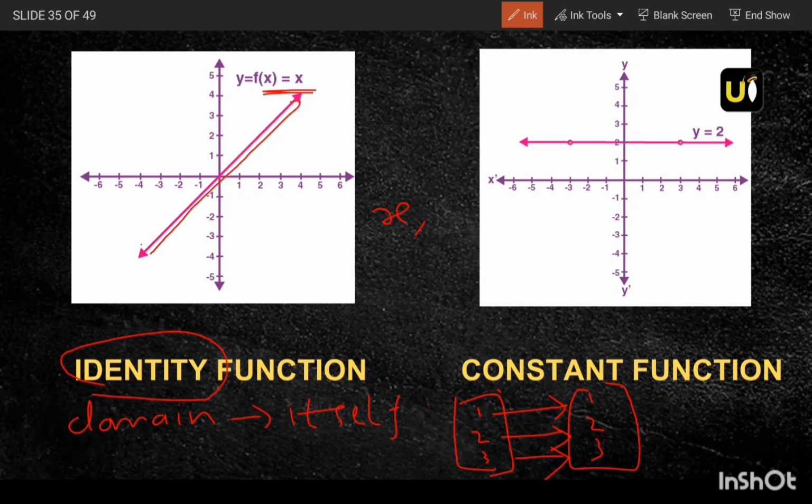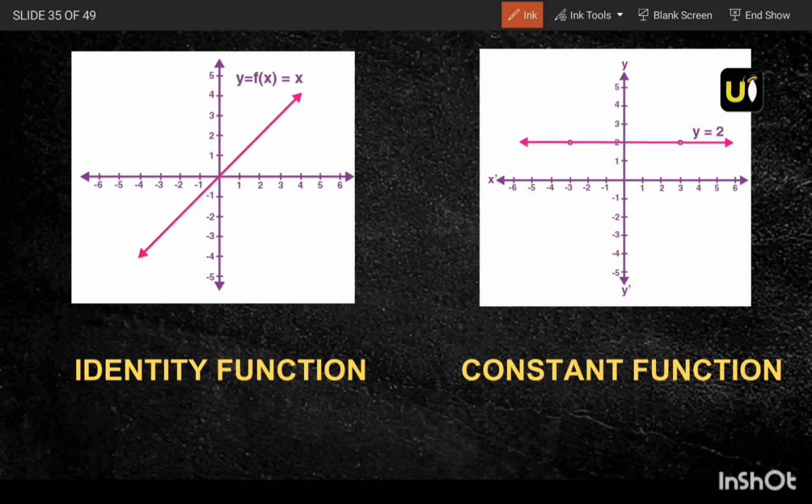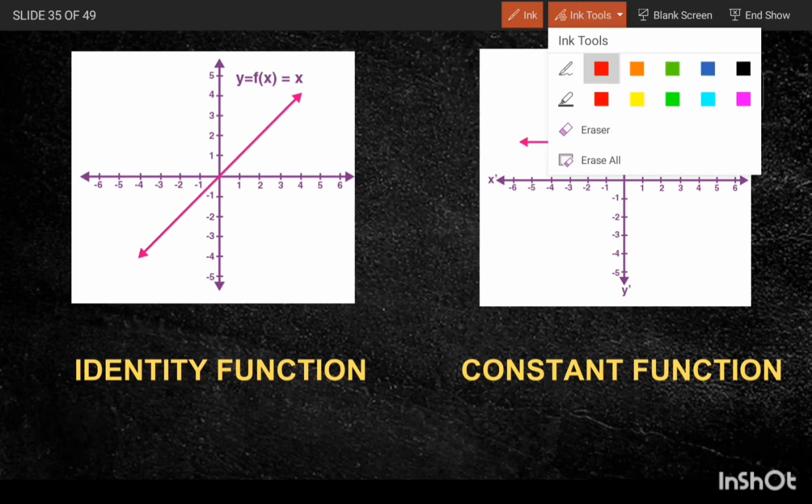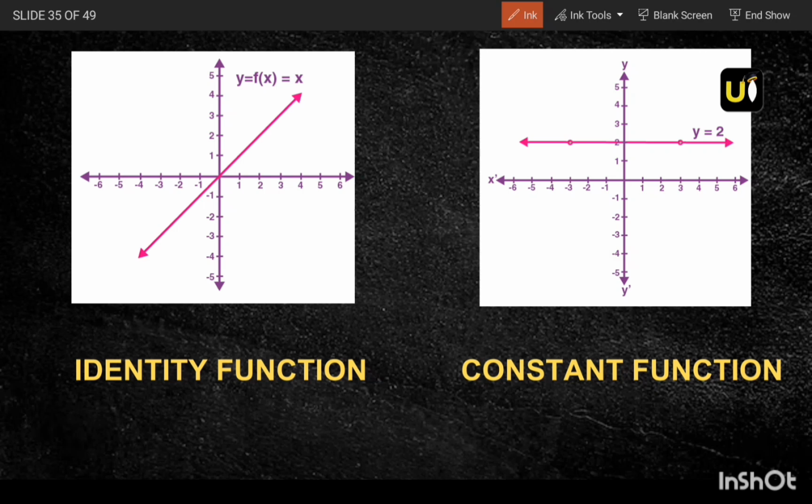Next, coming to a constant function. Constant function is a function in which no matter what the input value is, the output value remains the same. That means every element in the domain is mapped to a single element in the codomain.